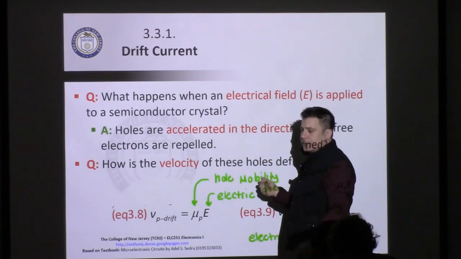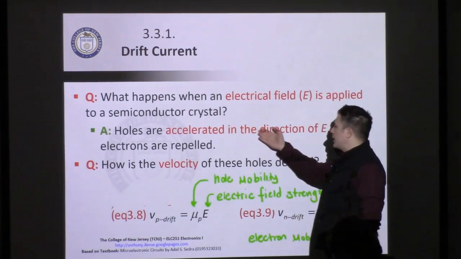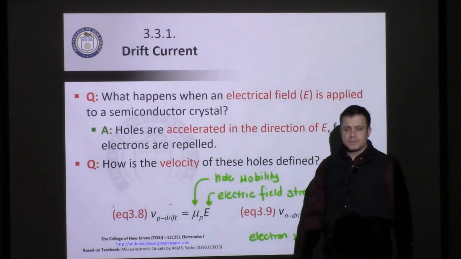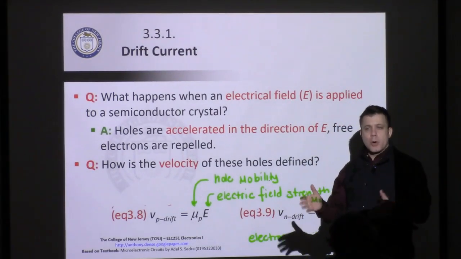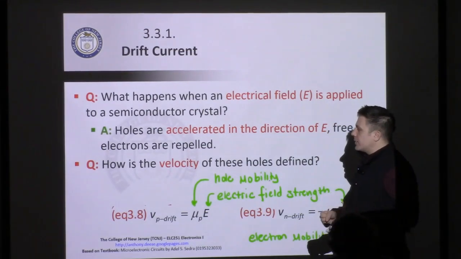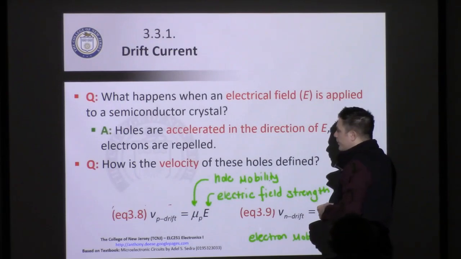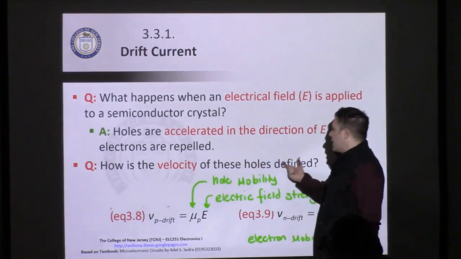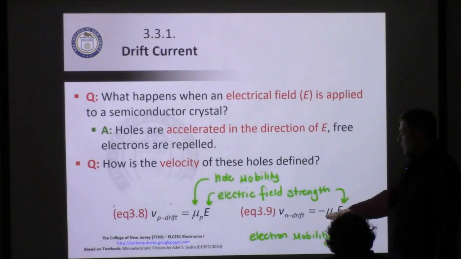Just like any material, holes are accelerated in one direction of E, and free electrons are repelled. The electromotive force will cause the electrons and the holes to move. And so now, how can we define the velocity of the holes as well as the electrons?